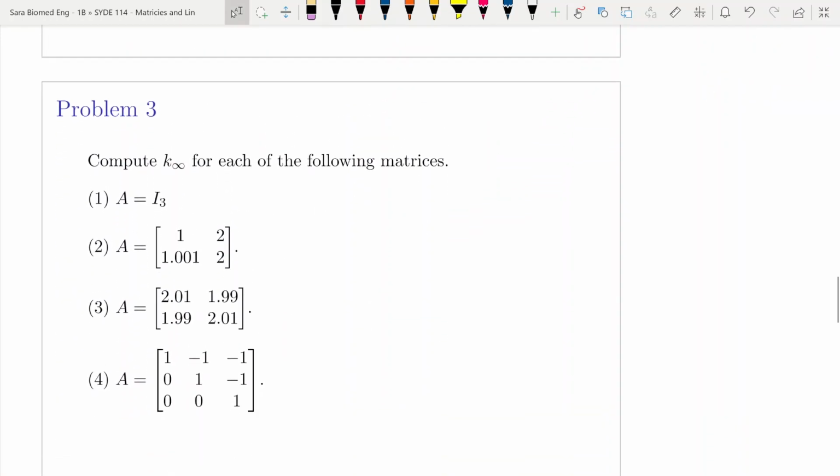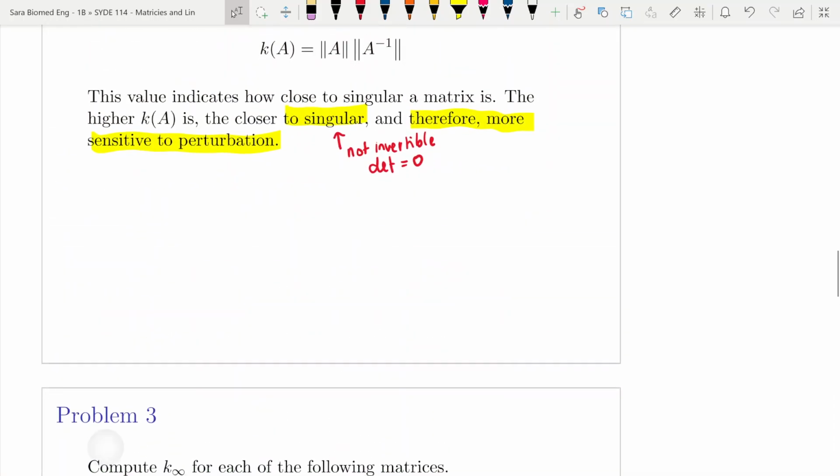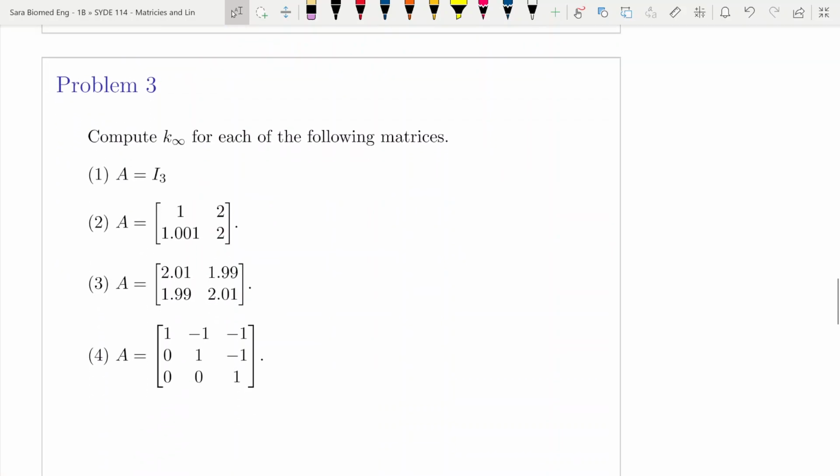All right, let's compute some k value. When you compute the condition number, you're going to compute the inverse of A, because k equals the norm of A times the norm of A inverse, and you can use different norms.